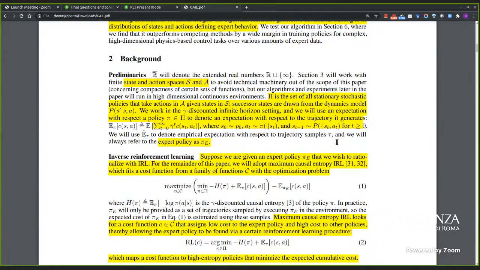So they denote the expert policy, this is typical, as pi E, where E denotes expert.